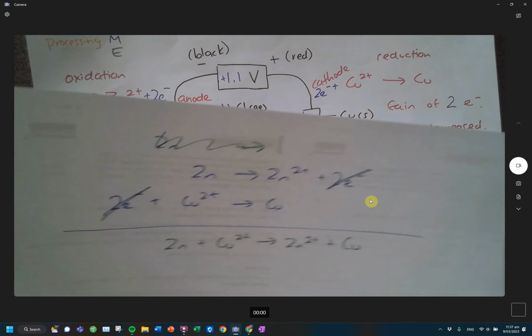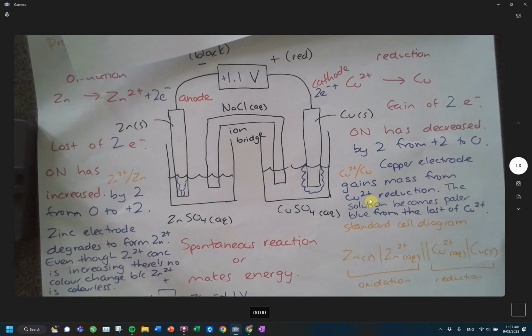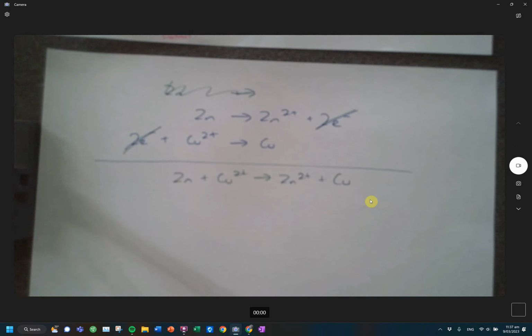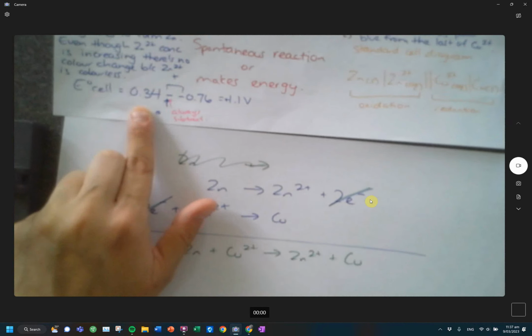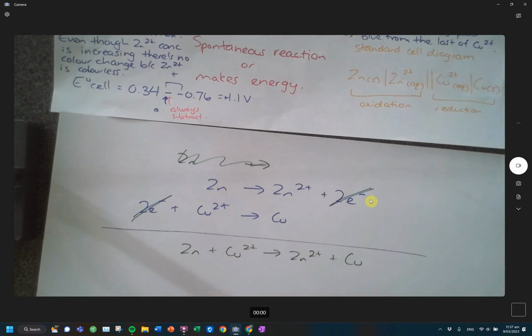So, in this case, there's several things you need to do for the excellence. First off, we still need to justify that since the E cell is positive, we know it's a spontaneous reaction. The added thing that we need to explain, though, is how do we know that we are taking the copper standard reduction potential and subtracting away the zinc.